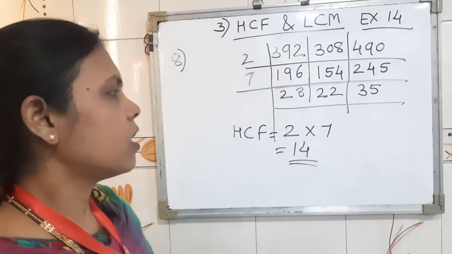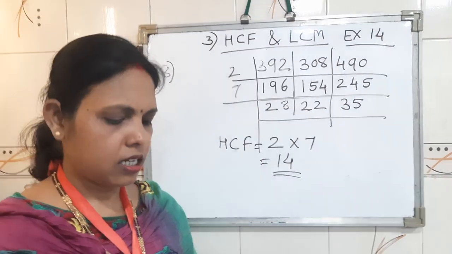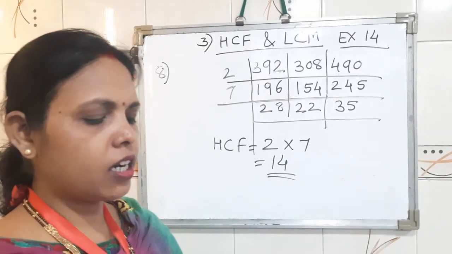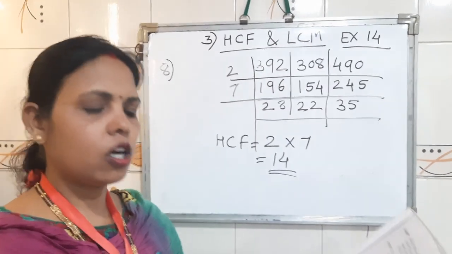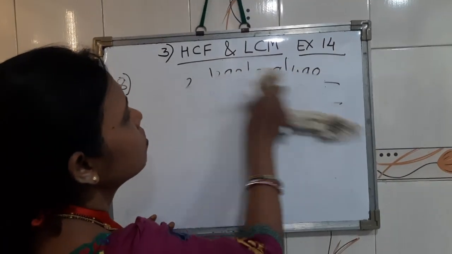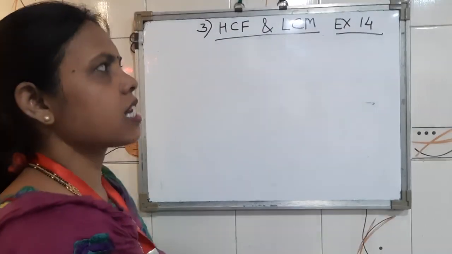Then that answer is 14. Now next question. Which 2 consecutive even numbers have an LCM of 180? So children, we are going to move further to our next question, that is the ninth one.